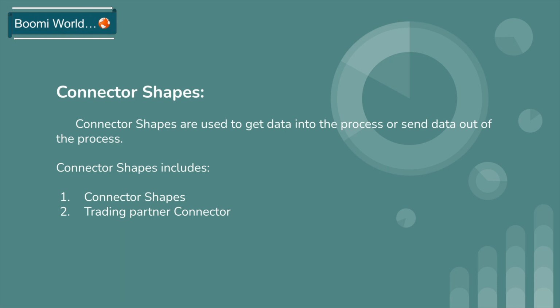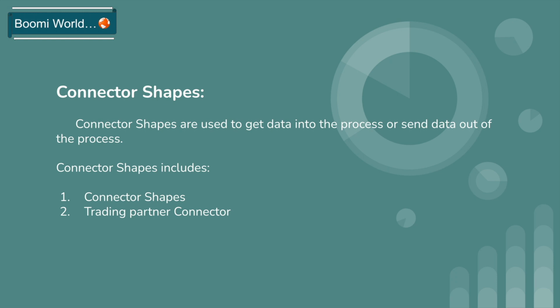Connector shapes are used to get data into the process or send data out of the process. Suppose you want to get data from a Salesforce system or SuccessFactors system or Google or somewhere else, you can use a connector shape to get the data from that third party application. Or if you want to send data, you also need to use connector shapes in Boomi.